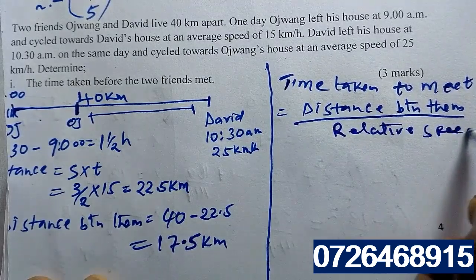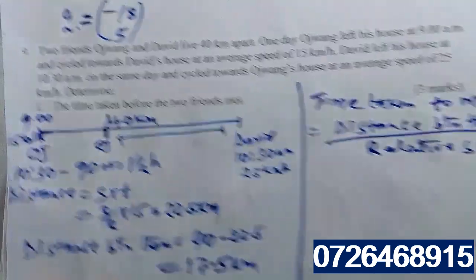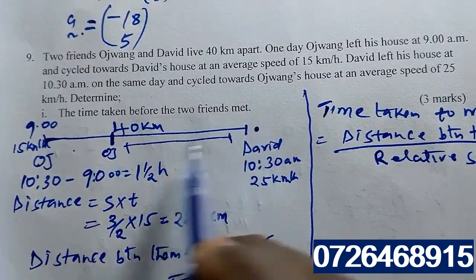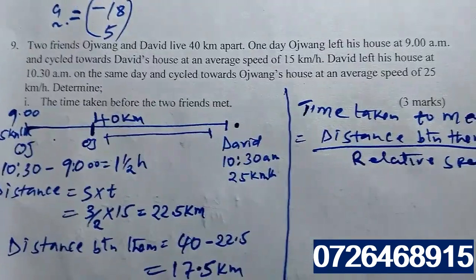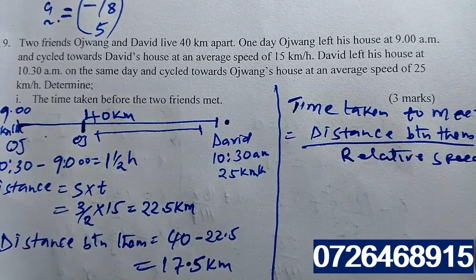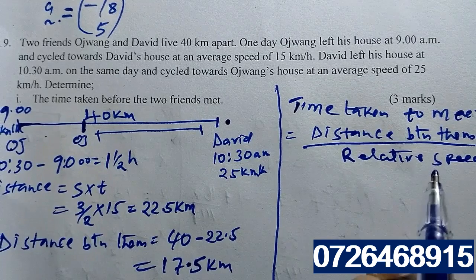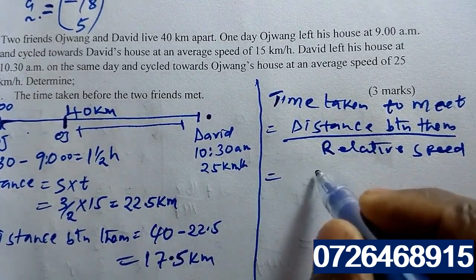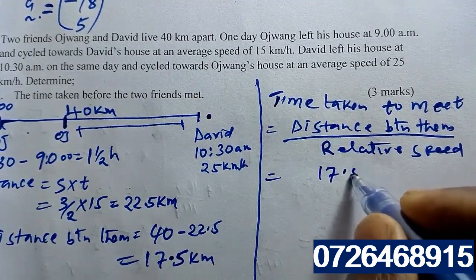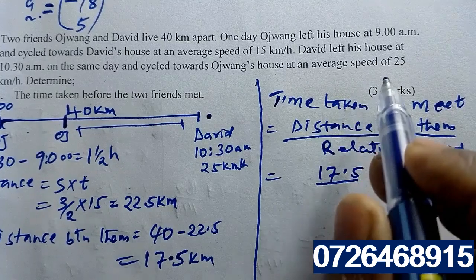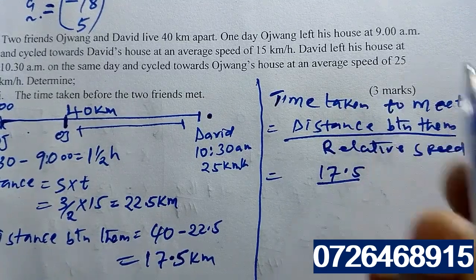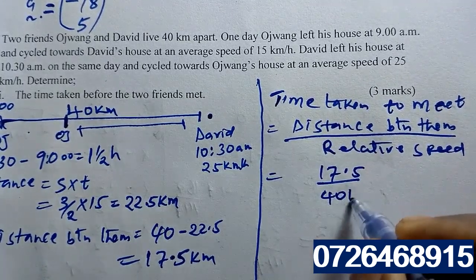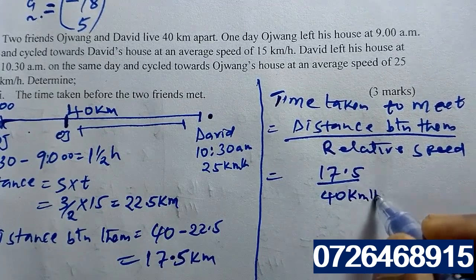How do you get relative speed? Kwa sababu wanakuja, huyu anakuja kutoka hapa na hapa, wanakuja kukutana, unaongeza individual speed, unapata relative speed. Because they are coming to meet, so you add. So that is now itakuwa 17.5 divided by, tukiongeza 15 plus 25 itakuwa 40. So relative speed ni 40 kilometers per hour. Na hii ni kilometers.